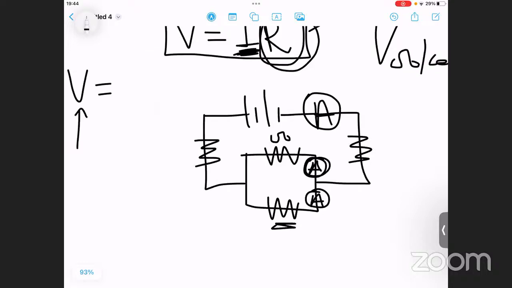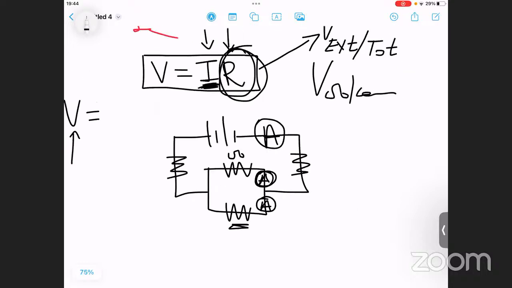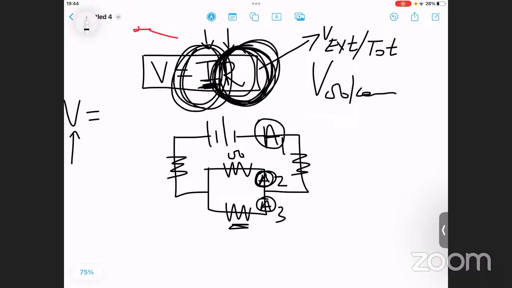It therefore means, in this instance, let's say R1, R2, and A1, A2, A3. The moment you use A1, it means even for R you're going to use R tot. A1, you're going to use R tot. The V that you are calculating is for the whole circuit, for the total circuit.